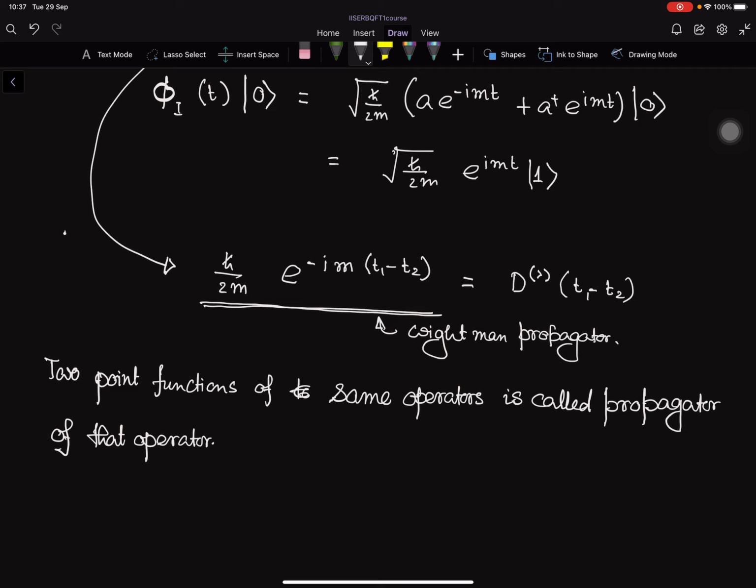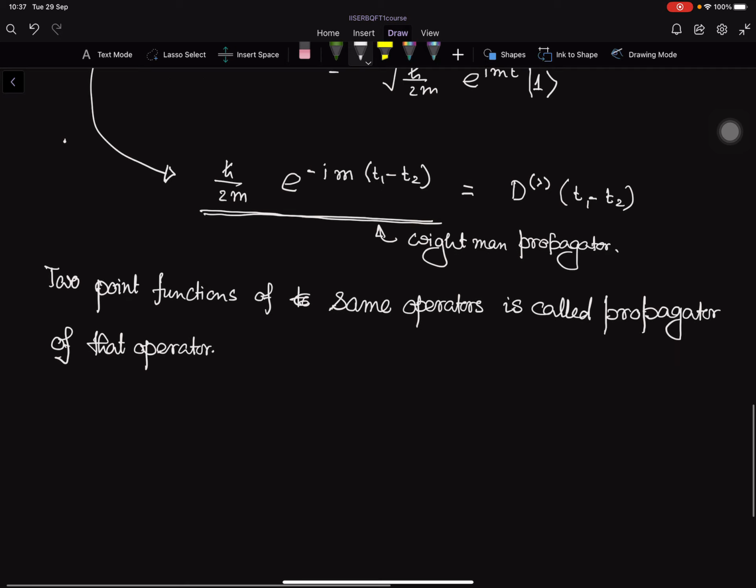So it's called propagator of that operator, and this thing is called Wightman propagator.